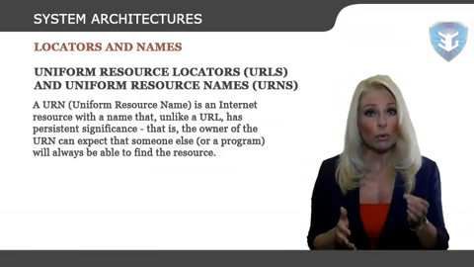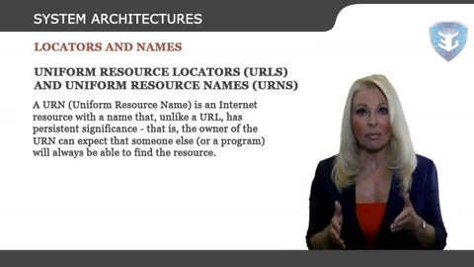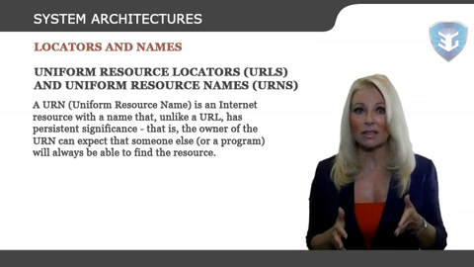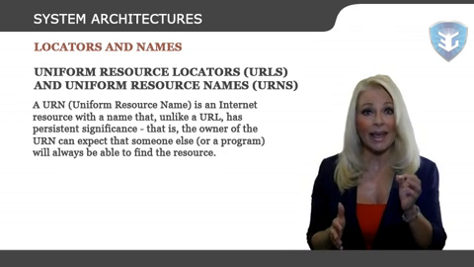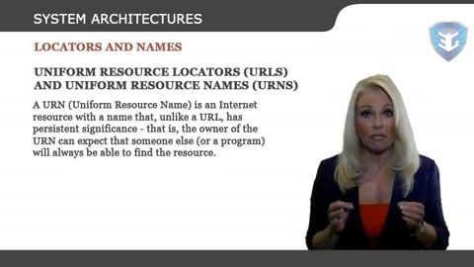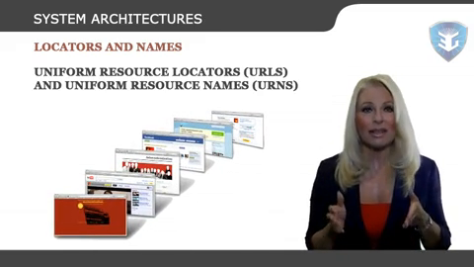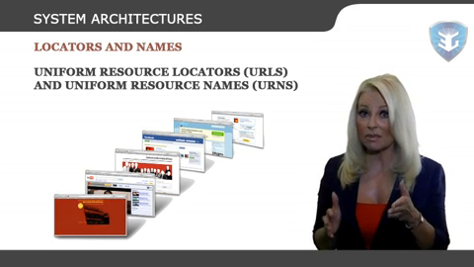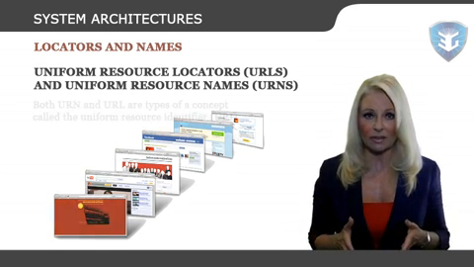A URN, Uniform Resource Name, is an Internet resource with a name that, unlike a URL, has persistent significance. That is, the owner of the URN can expect that someone else or a program will always be able to find the resource. A frequent problem in using the web is that web content is sometimes moved to a new site or a new page on the same site.